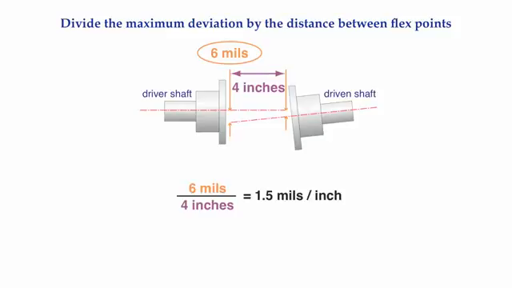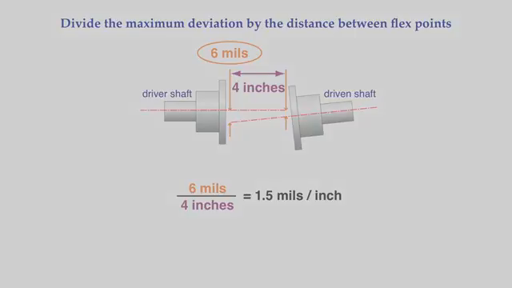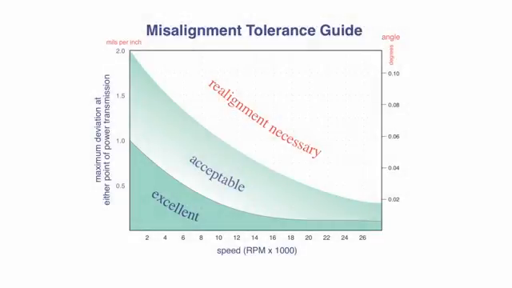Is 1.5 mils per inch an acceptable amount of misalignment? Good question. What are acceptable alignment tolerances? This is the misalignment tolerance guide showing what is or is not acceptable levels of misalignment. On the x-axis of the graph is the speed of the drive system in thousands of RPMs.